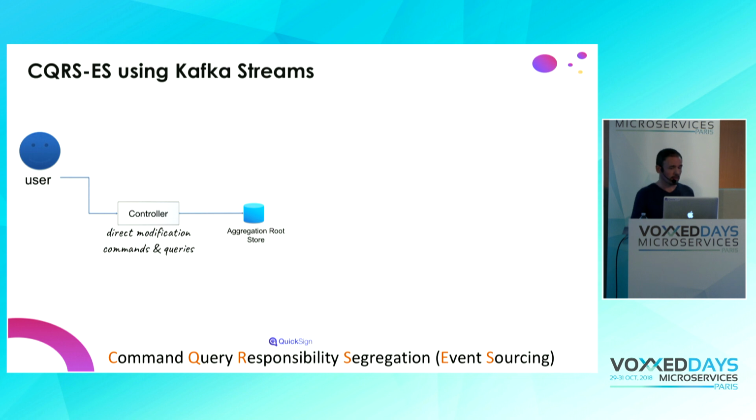What is it? Traditionally, in a typical application, when the user requests something from your system, you have a controller which validates the request, makes decisions, and takes action on your database, all in one.